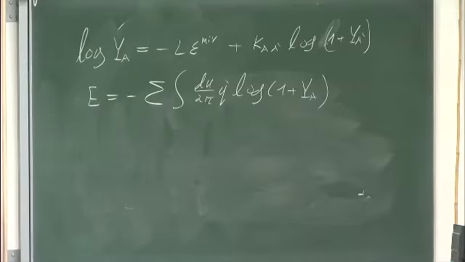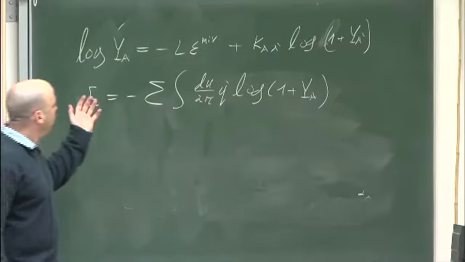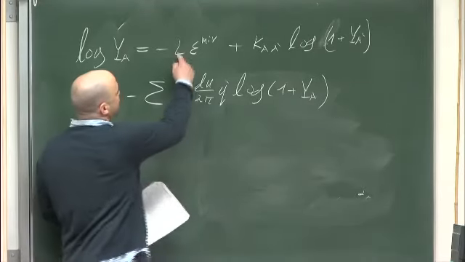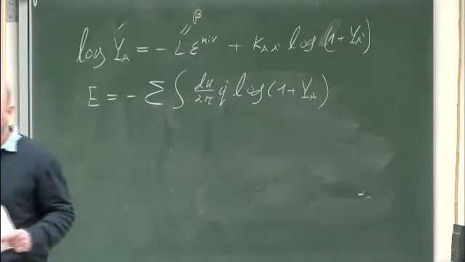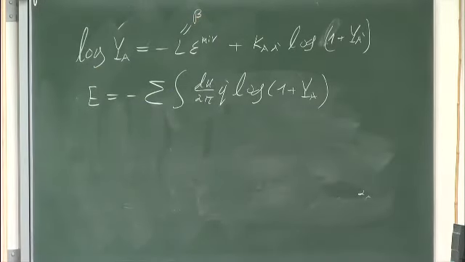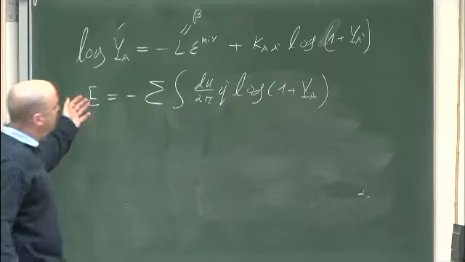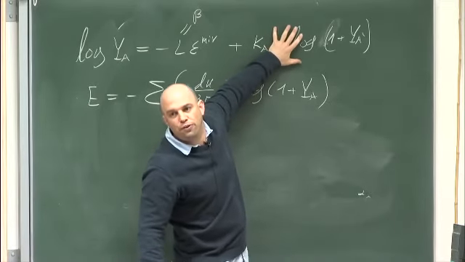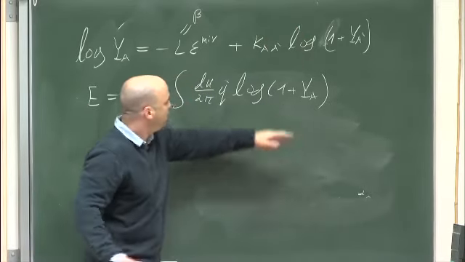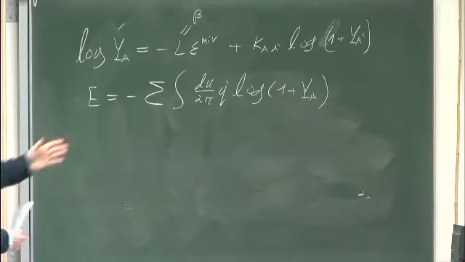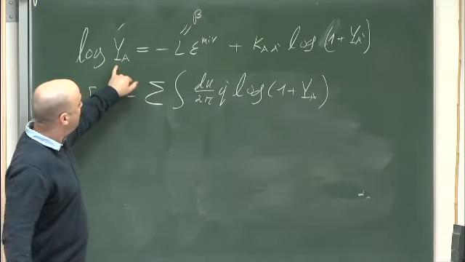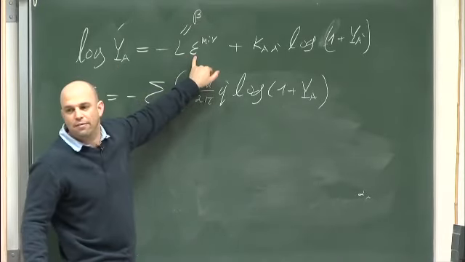So note that this L is like beta in the mirror channel. It's 1 over the temperature in the mirror channel. If we turn off the coupling, we turn off this convolution, you see that this equation becomes just the Boltzmann factors of all the particles. If we turn off the convolution, every Y is just exponent of minus beta times the energy.